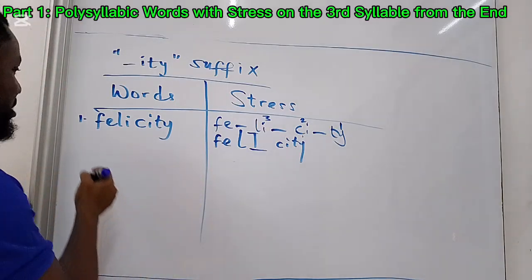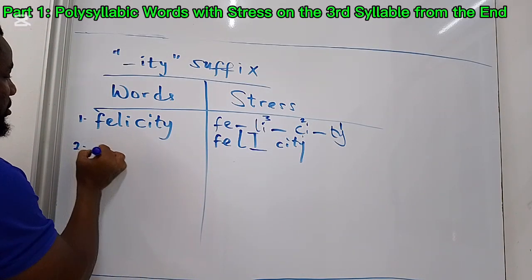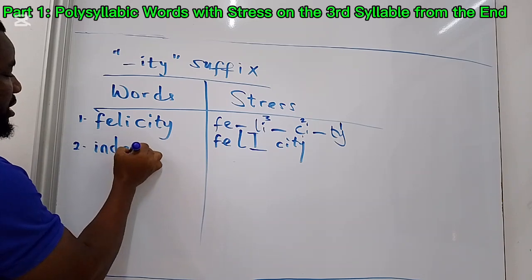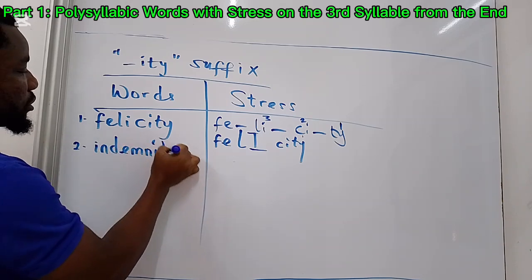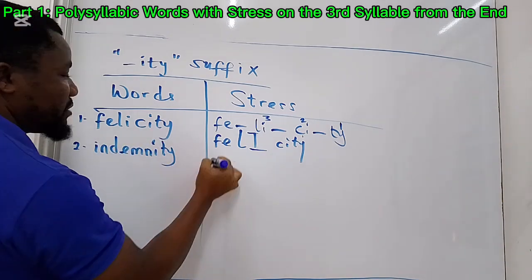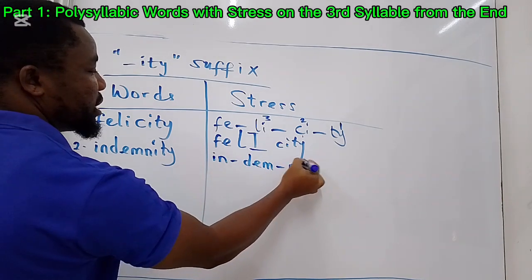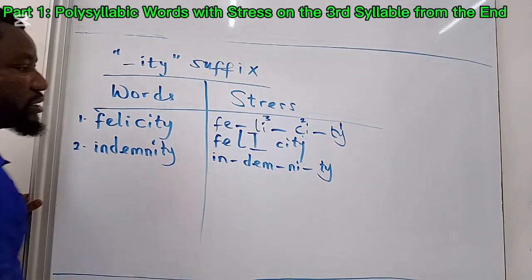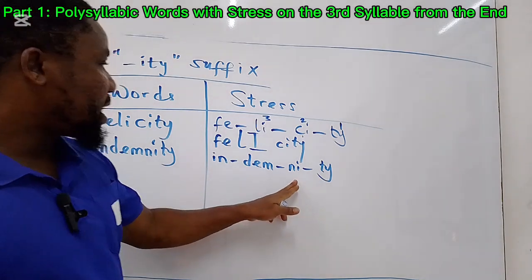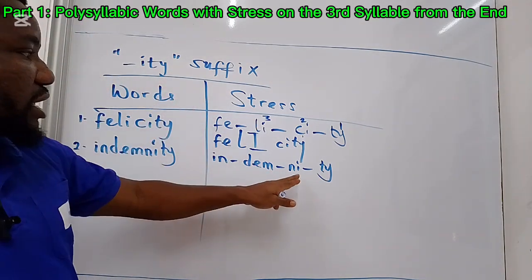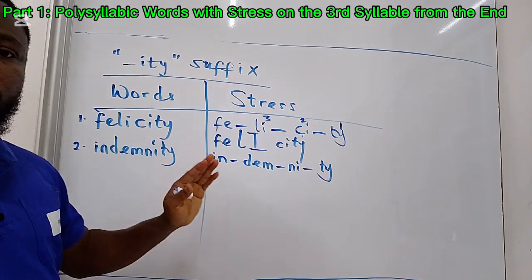Let's look at another example. The word indemnity. We have in, dem, ni, then we have ty. Look at the same ity.